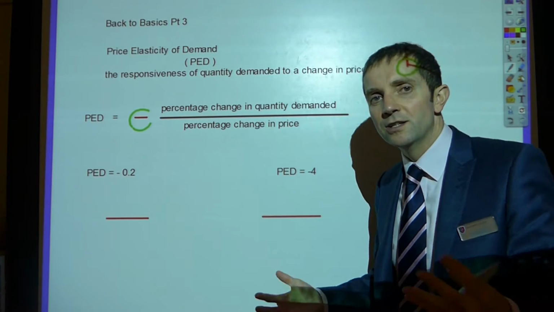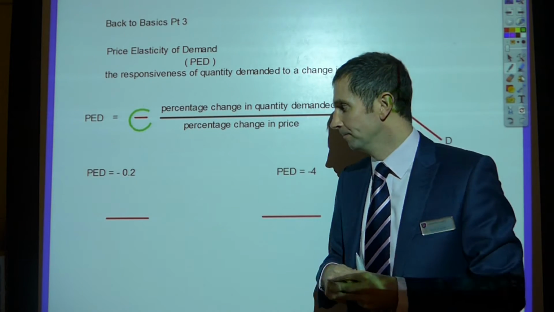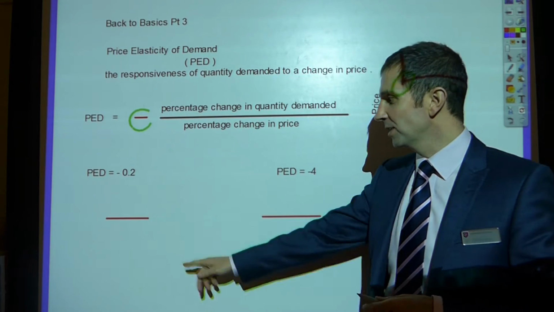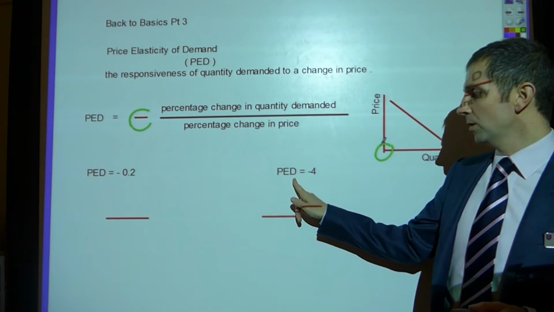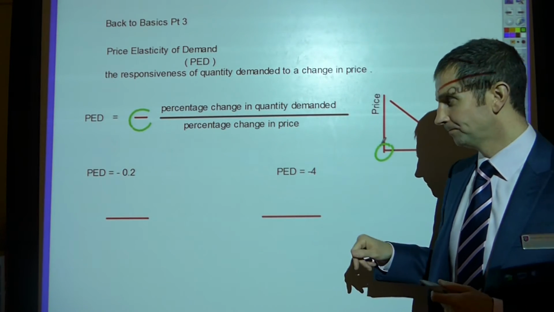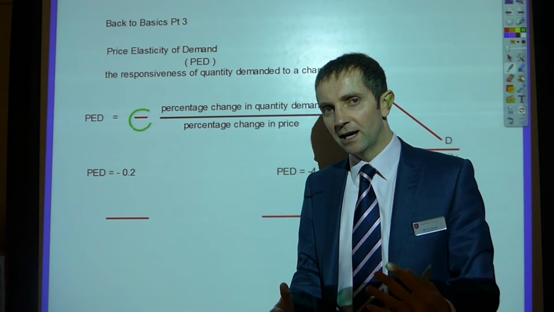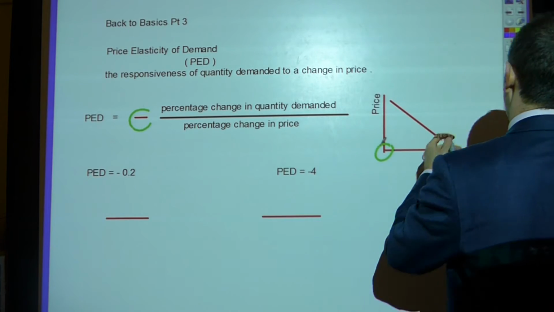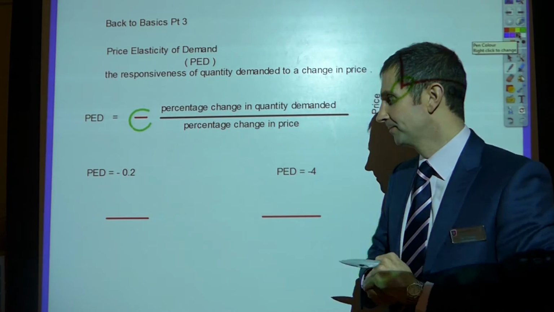That's when candidates are stumped, and so I want to help you over that hurdle. So we've got two values here: one is minus 0.2 and one is minus 4. So how would we go about explaining and interpreting this for the purposes of whoever is marking your script?